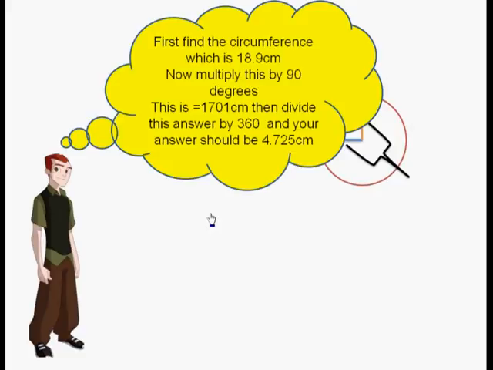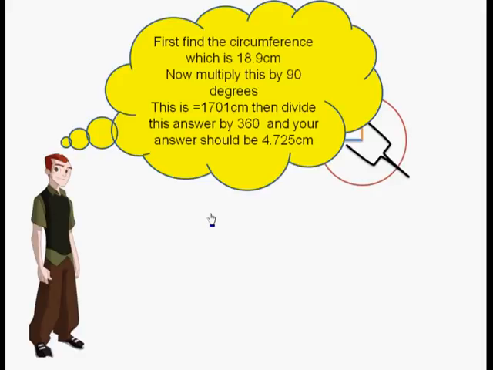Now multiply this by 90 degrees. This is equal to 1701 centimeter. Then divide this answer by 360 degrees and your answer should be 4.725 centimeter. And that is easy, wasn't it?